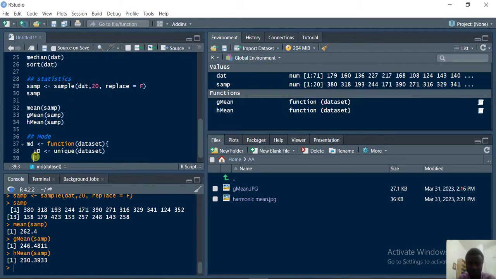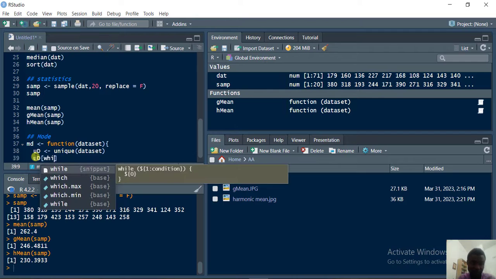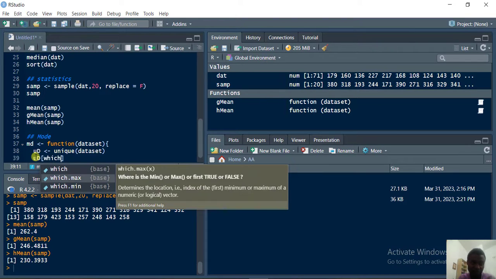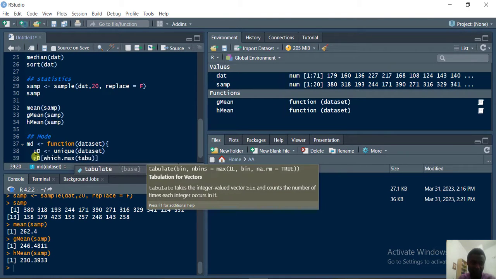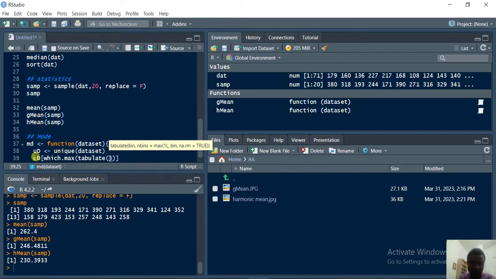Then, we index these unique observations and say which of them is maximum. Those that are maximum, tabulate them, and finally match them with the data set.